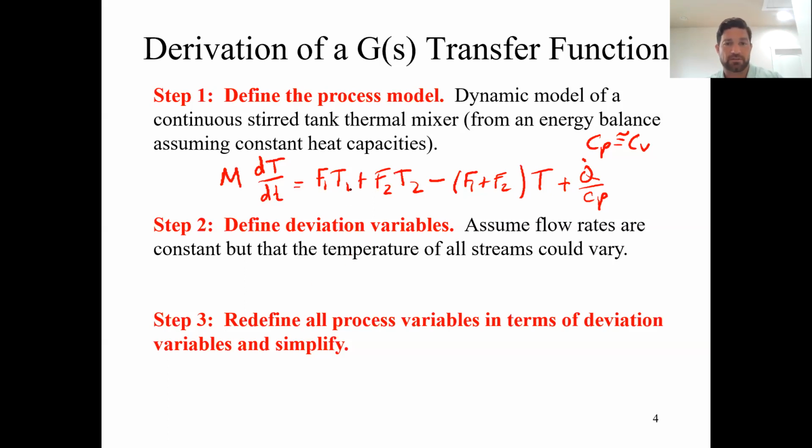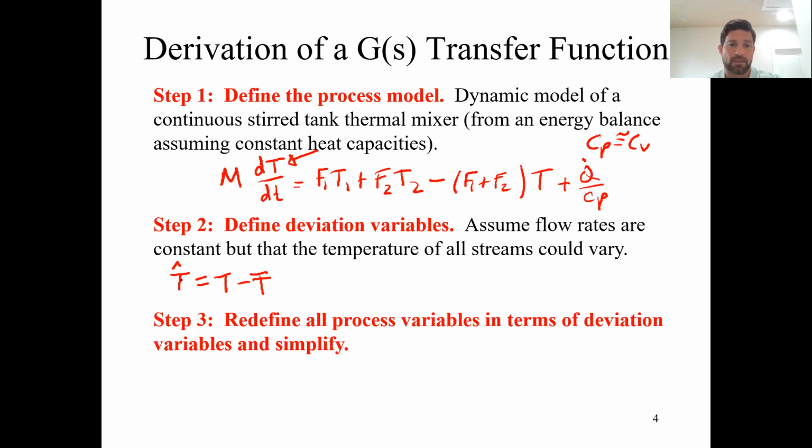For this process, we have our output variable, and we have to define T in terms of a deviation variable. So my deviation variable, I'm going to call T hat, equals T minus T bar. T bar is my steady state, the steady state or initial condition.